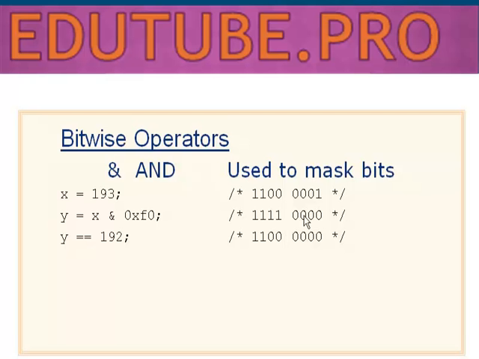And down here, we're not masking these. We don't want to see those down there, so this one does not come through. So we only get whatever bits were set in the high order nibble of our byte of 193. So here we have ANDed with F0, and our result will be 192, which is 128 and 64. That's these two high order bits right here. So that's a bitwise AND.